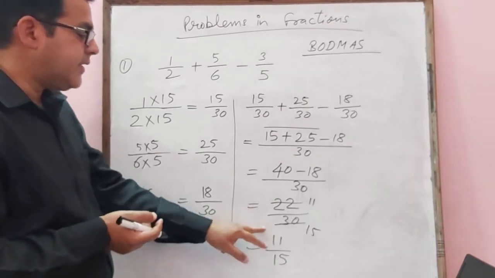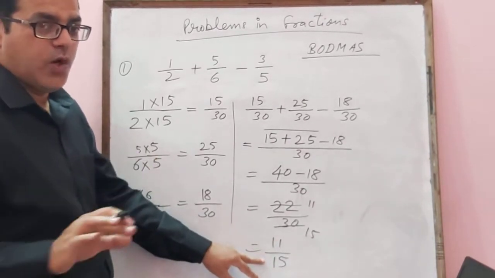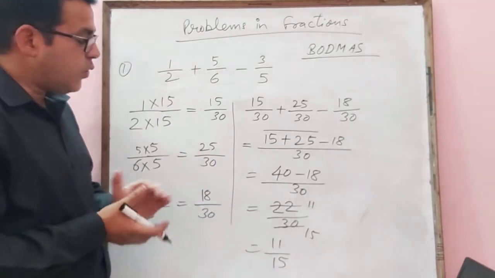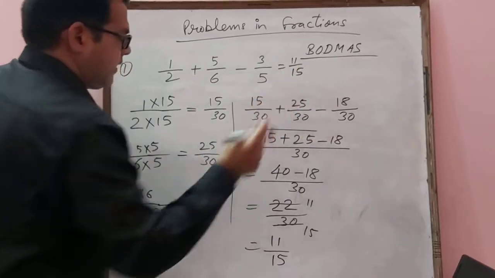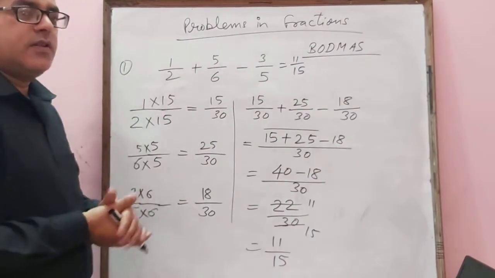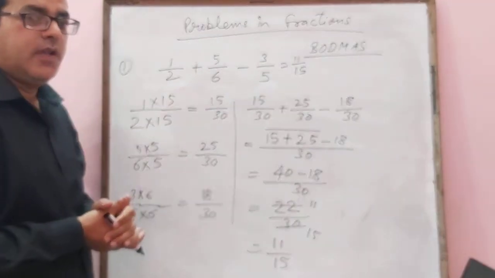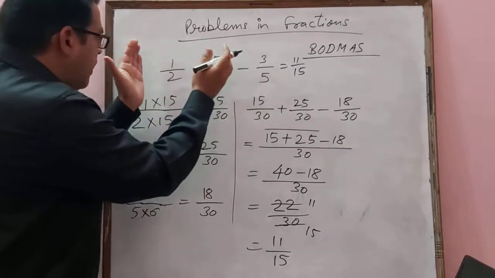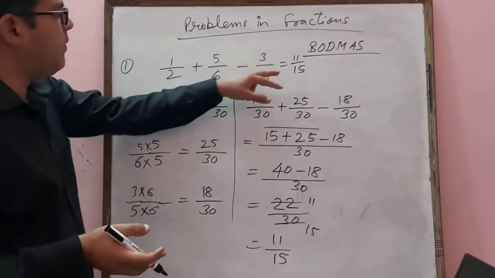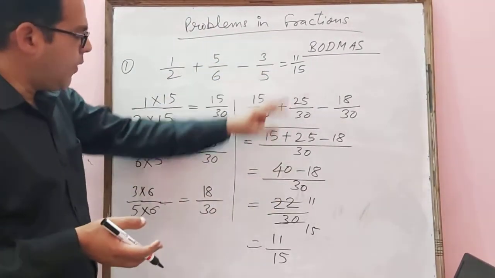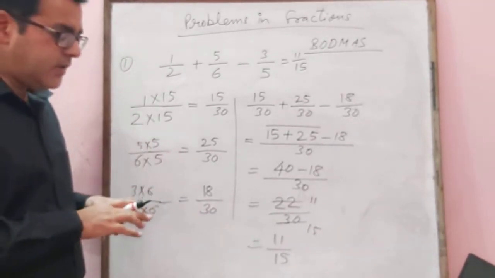Now nothing is common between 11 and 15 except 1. Right? So 11 upon 15 is the answer of this expression. It means after adding 1 by 2 and 5 by 6, and after subtracting 3 by 5 from them, we have 11 by 15. Hope you understand. Right, guys?